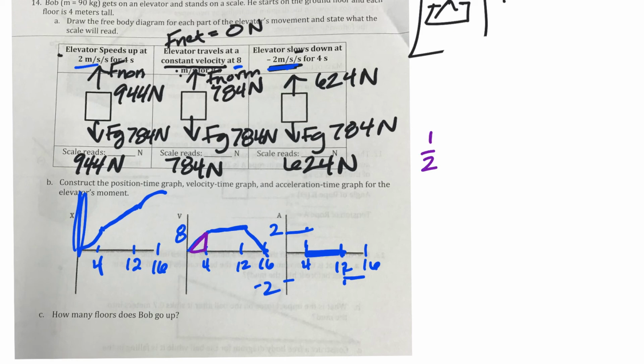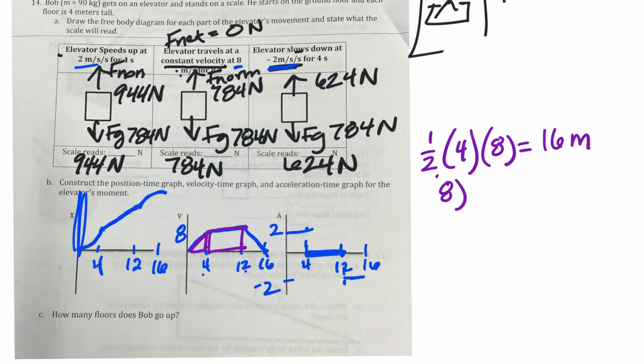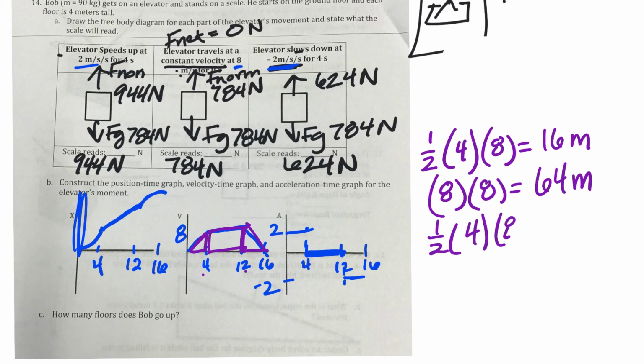We're going to do 1/2 times 4 times 8, and we're going to get an area of 16 meters. Then the second section is this nice rectangle. From 4 to 12 is 8 seconds total, times a height of 8, and that'd be 64 total.